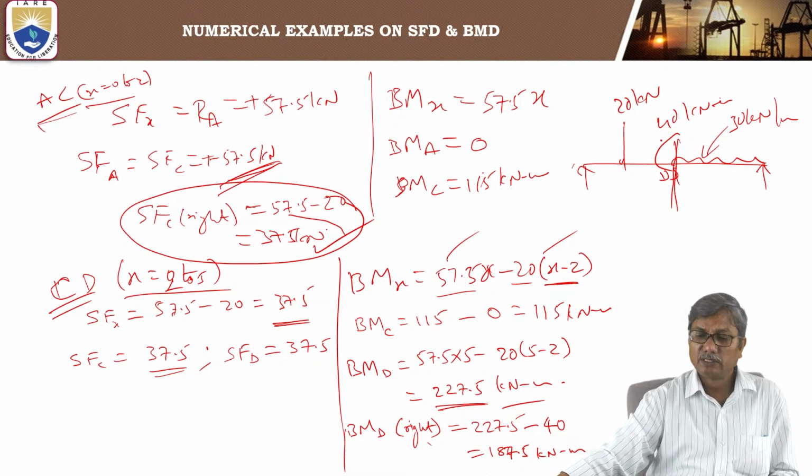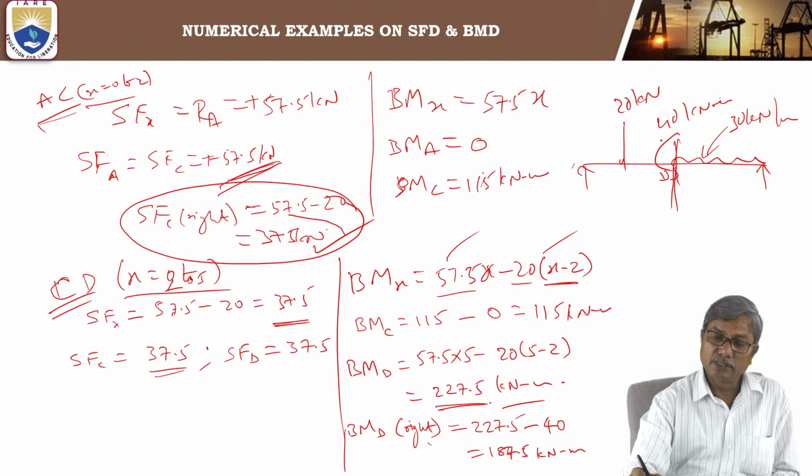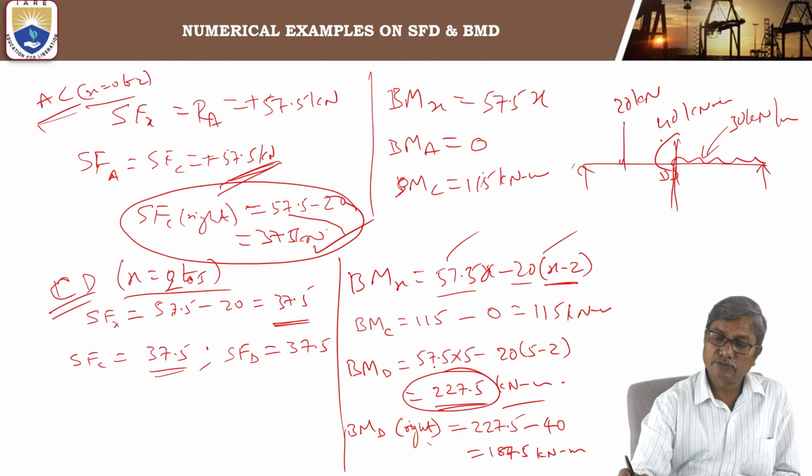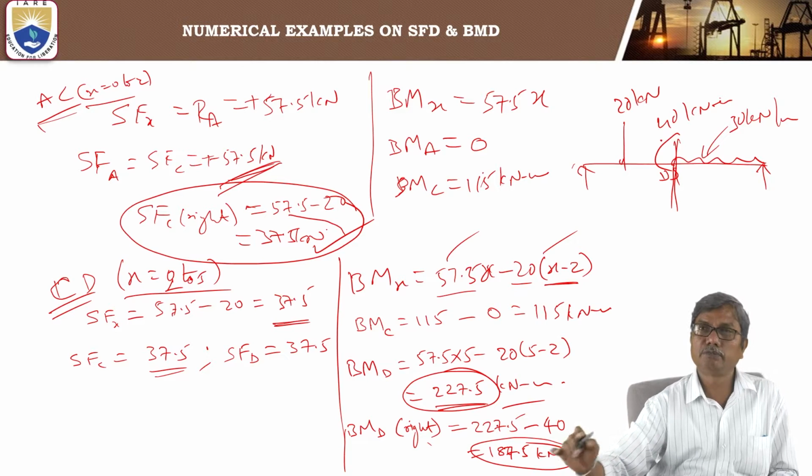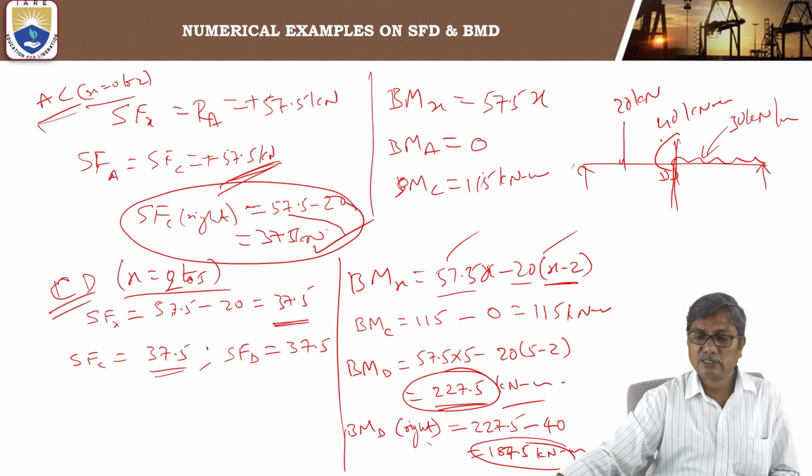What you need to observe is there will be a sudden drop in the bending moment at D by 40 kilonewton meter, which is the couple acting.